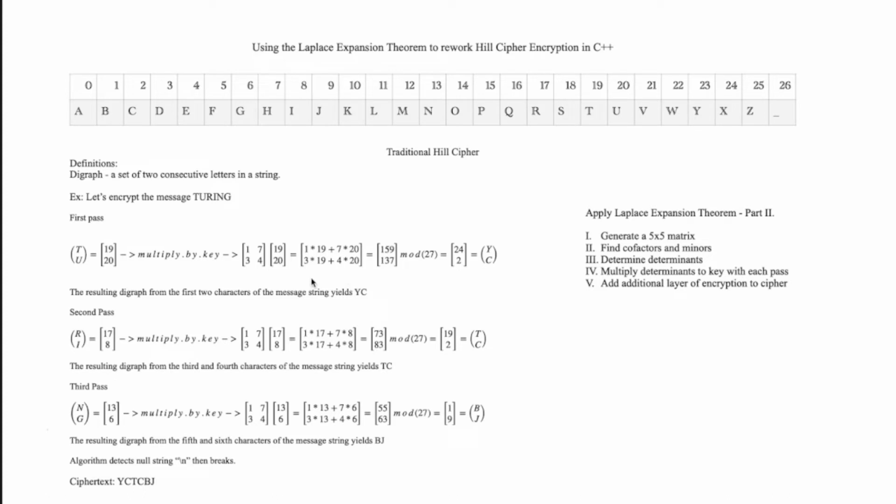So you will imagine that it's a distinct encryption for each individual digraph. It's not just the same key for each digraph. You'll have to reorient or reshift your key and multiply back if you want to decrypt your message. This will definitely add an additional layer of encryption to the cipher.